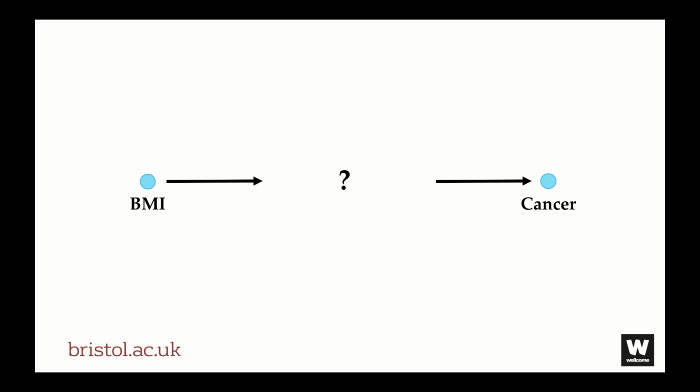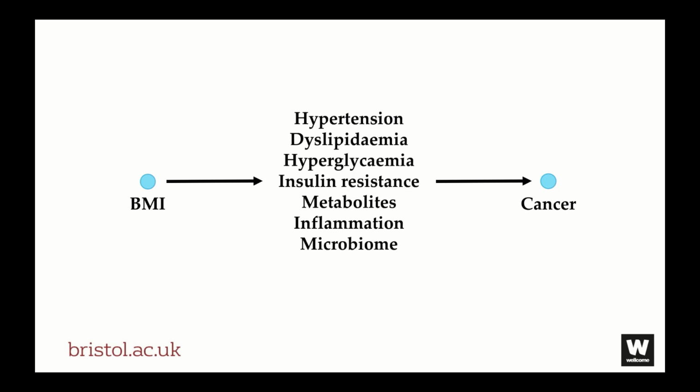So if we can't really edit body mass index, then what can we alter? There are obviously lots of things, this is only a very small list of them, that could be to blame. And one thing I was interested in was the gut microbiome, and where this could sit in the relationship between BMI and cancer.